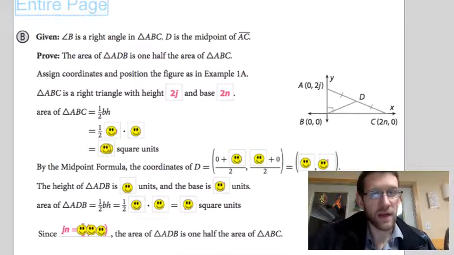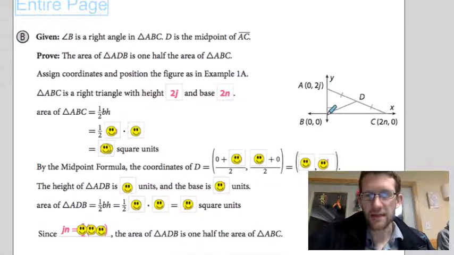Again, there's multiple right answers for these sorts of things, but if we place the origin here, so angle B is at the origin, then that means we can put side AB on one axis, side BC on another axis, and then we can give some numbers here.